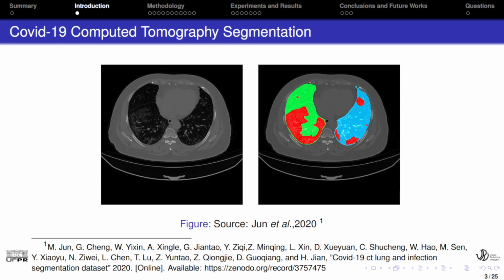The objective of our work was to perform an extensive benchmark of segmentation networks and datasets in this problem. Most of the works proposed in this problem based their networks on UNets and were limited to one or two datasets. So we noted the necessity of performing a comparison of other segmentation models and evaluating them on more datasets.